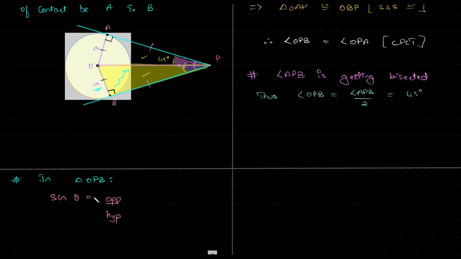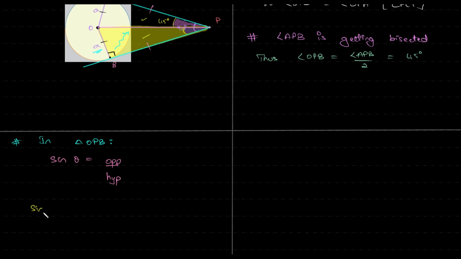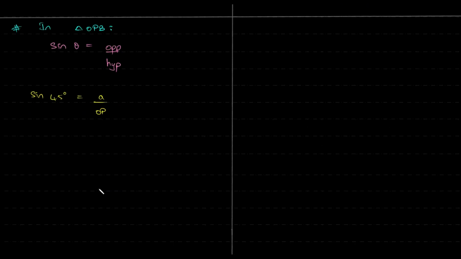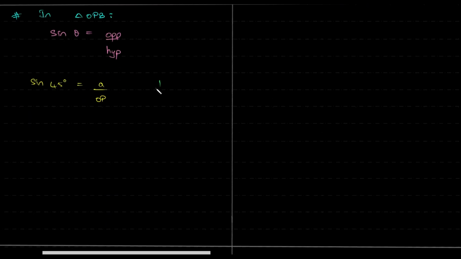And so sine of 45 degree is equal to opposite is A, hypotenuse is OP, and this would be 1 by root 2 is equal to A by OP, and therefore OP is equal to A root 2 unit.